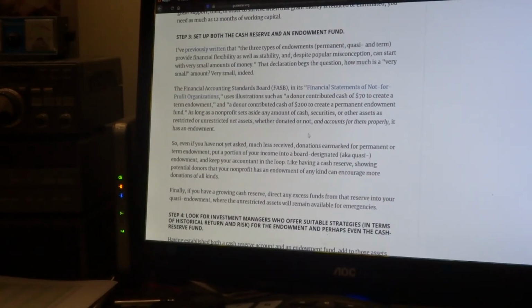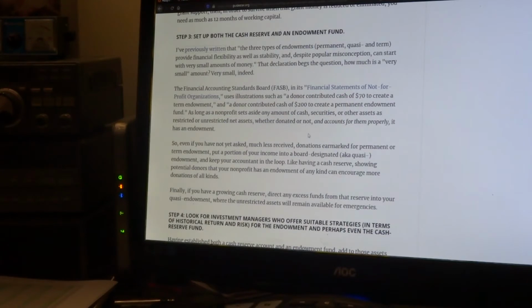The Financial Accounting Standards Board, FASB, in its financial statement of not-for-profit organizations uses illustrations such as, quote, a donor contributed cash of $70 to create a term endowment, and, quote, a donor contributed cash of $200 to create a permanent endowment fund.